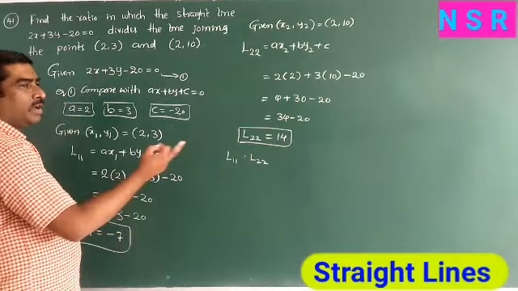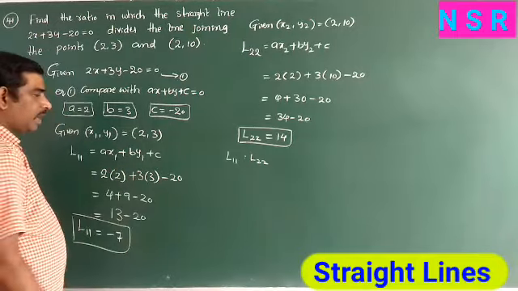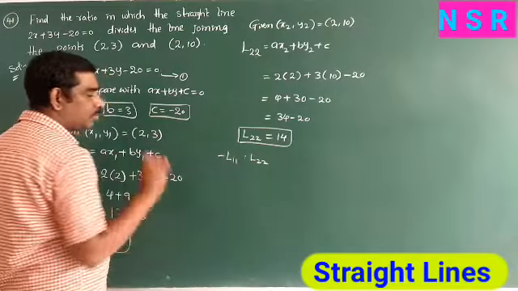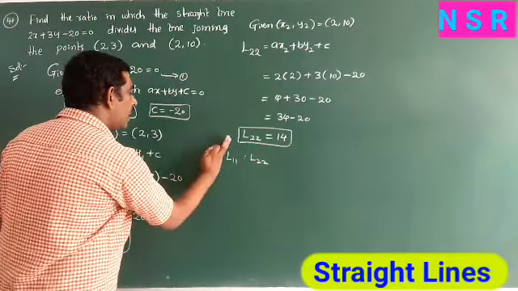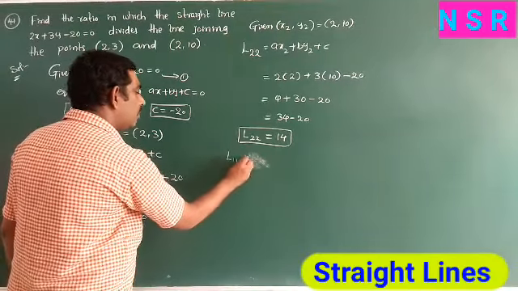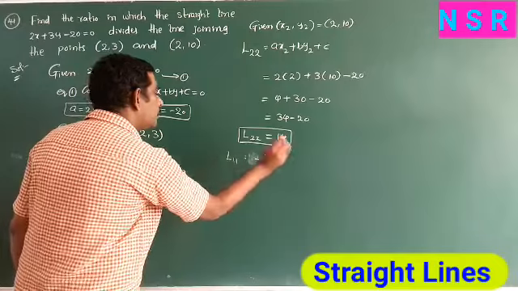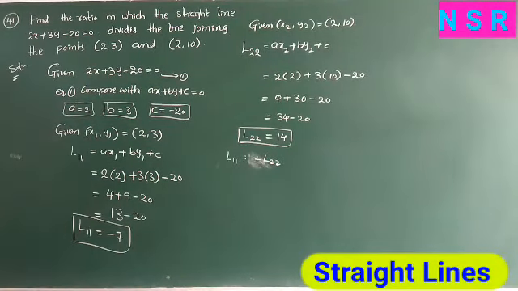If any one of them has minus, suppose L11 has minus, write the ratio minus L11 is to L22. If L11 has plus and L22 has minus, write L11 is to minus L22. So this is how to write the ratio of the line joining the points.